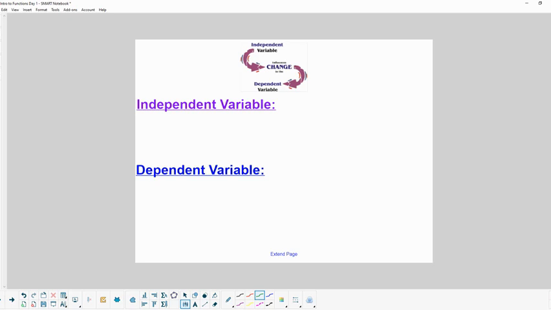All right, so also when we're talking about a function, and again, we're talking about equations that are written like this: y equals some number times x plus or minus some other number at the end. When it's written like this, it's in function form, and there's the two variables.